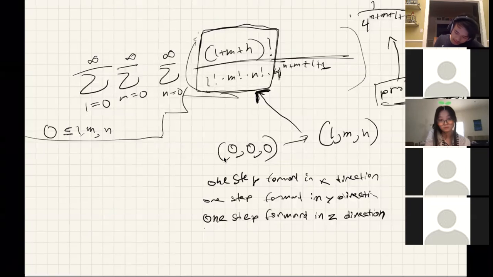Let's say we have a frog, starting from 0, 0, 0.